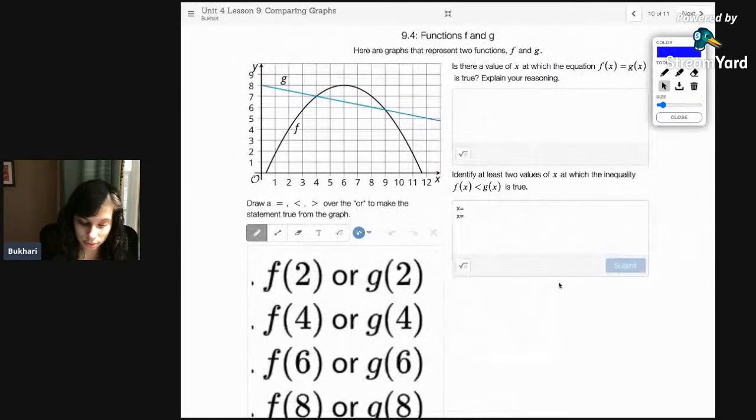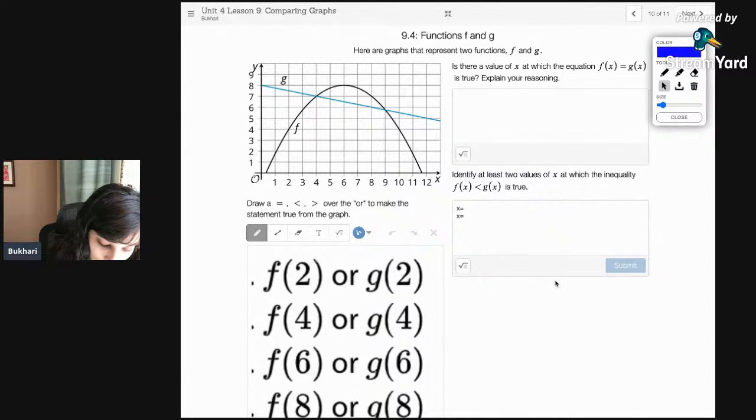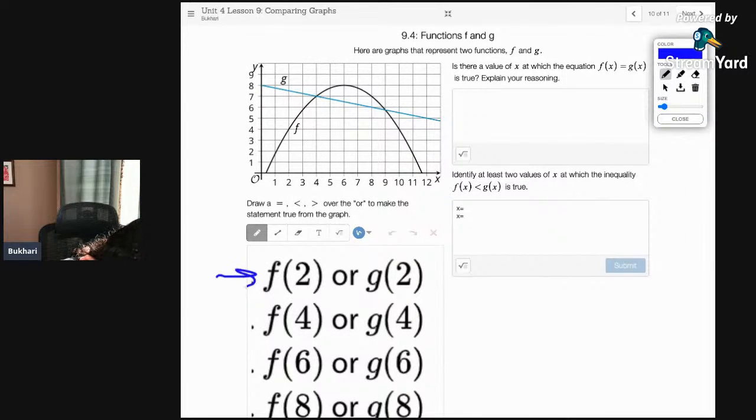And last but not least, we have activity 4. In this case, we are taking a little bit outside of our situation, just determining what is happening when we have 2 functions and what does that represent. So I want you to go one by one through each scenario and determine what is happening.